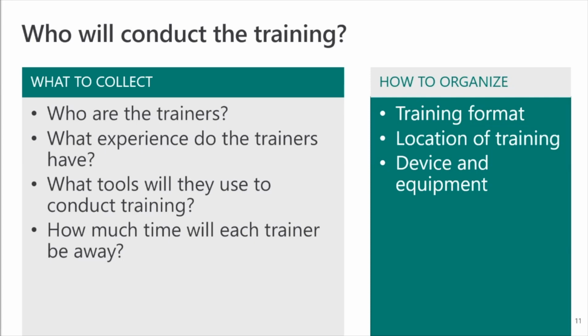But you'll need to ask yourself, what experience do those users have with training? Just because they're great at the business process or they understand the business really well doesn't necessarily make them a great trainer. So you'll need to consider what their presentation skills are, and maybe that person would be better suited towards writing content or being a facilitator in the classroom rather than the person standing up in front of the classroom.